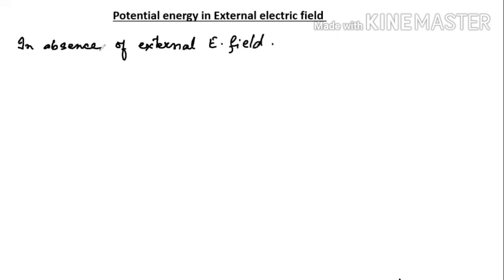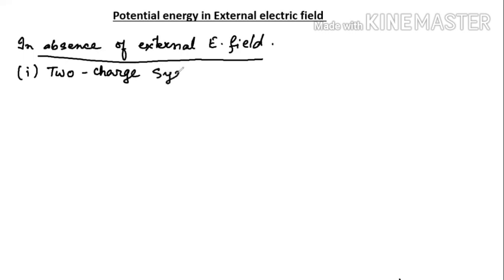So we did that for a 2 charge system and for a 3 charge system. Number 1, 2 charge system: our potential energy was K Q1 Q2 by R12. This was our expression of potential energy for a 2 charge system.